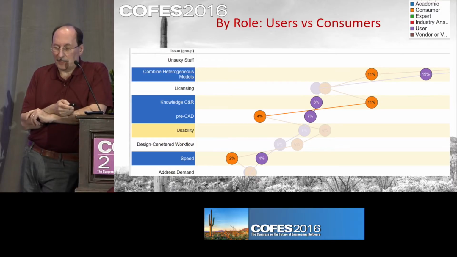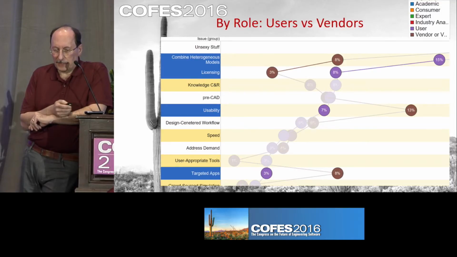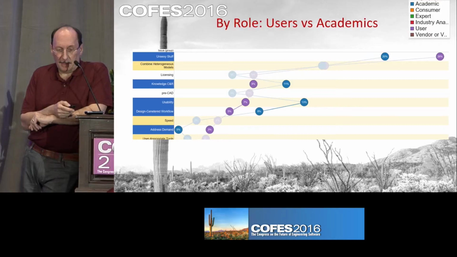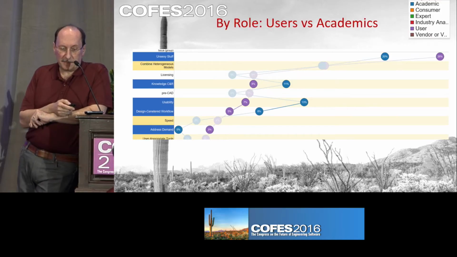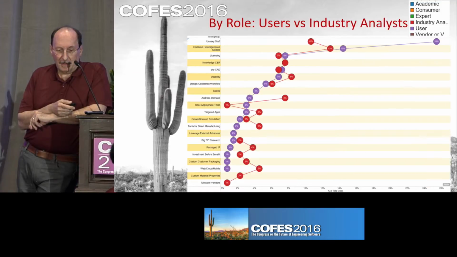And the consumers really aren't paying attention to or aren't willing to invest their attention in speed. But they are definitely interested in that knowledge capture and reuse area. And then we can look at the differences between users and vendors, those that are actually selling them the software. And between users and academics. And between users and industry analysts.